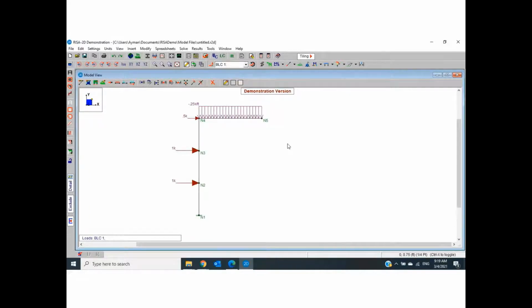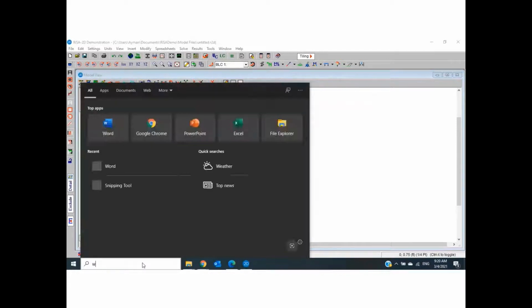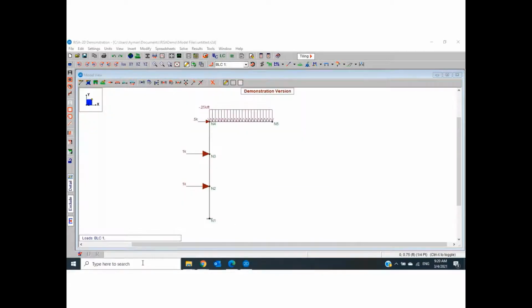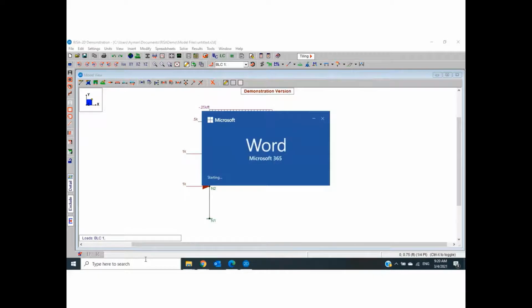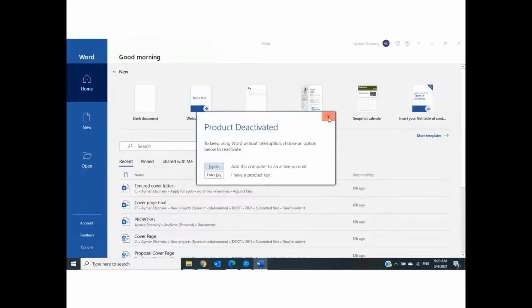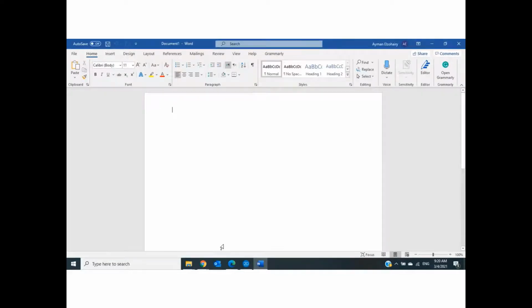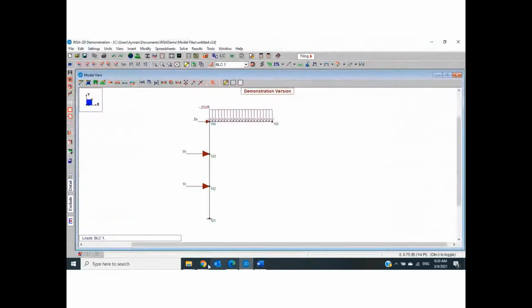And the last meeting, I taught you how to get these results to a Word file. If you open Word, here is the Word file. Here is the results.